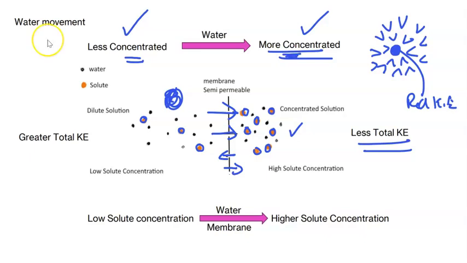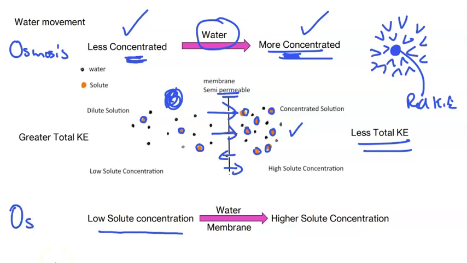And so here we have an early definition of osmosis: the movement of water from a less concentrated solution to a more concentrated solution through a semi-permeable membrane. Now we're going to phrase that as being a low solute concentration. So water moves in osmosis from a low solute concentration to the higher solute concentration.